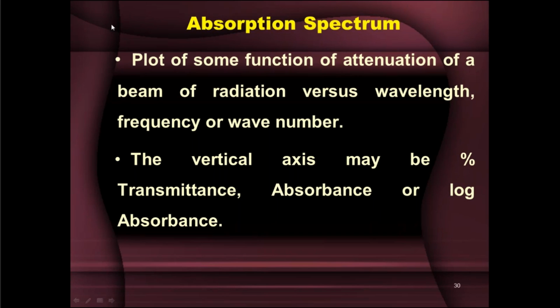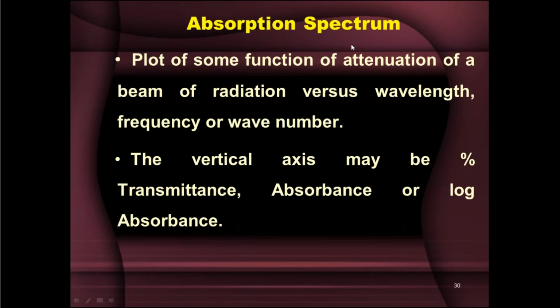So it's a graph. The vertical axis may be either percentage transmittance, or absorbance, or log absorbance. The horizontal axis, or x-axis, could be either wavelength, frequency, or wave number. Any of these are used on the x-axis.